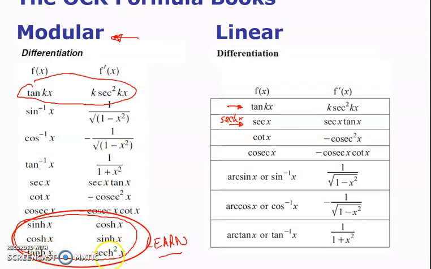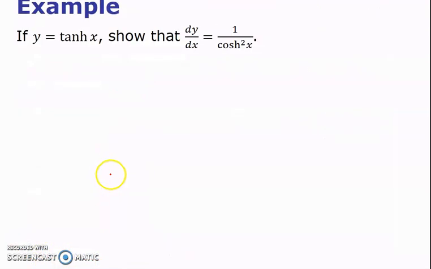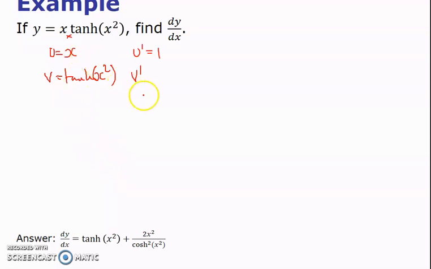Tanh becomes sech squared when I differentiate it. So tanh becomes sech squared. Now it says sech of x squared. That's fine. But having done that, I now have to times by the differential of the bracket x squared, which is 2x.